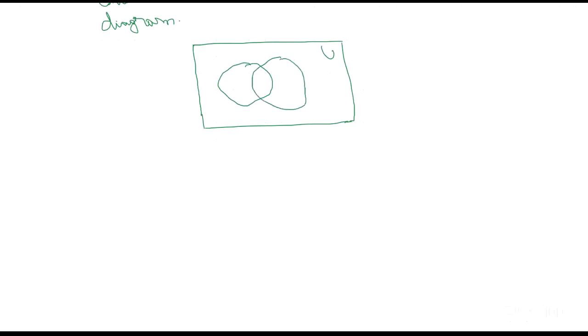This is set A. This is set B. This is A intersection B. This is A intersection B bar.